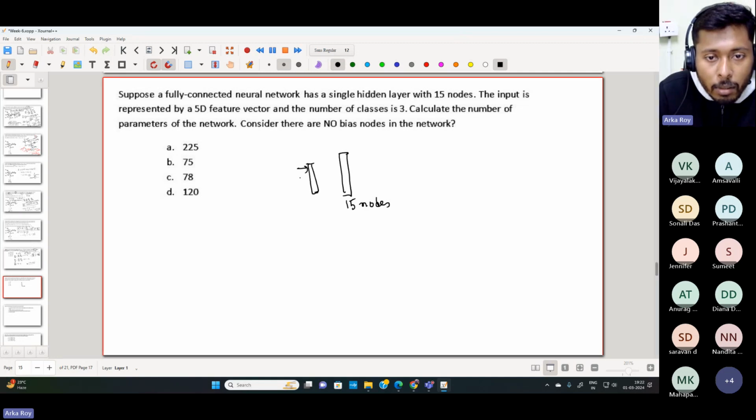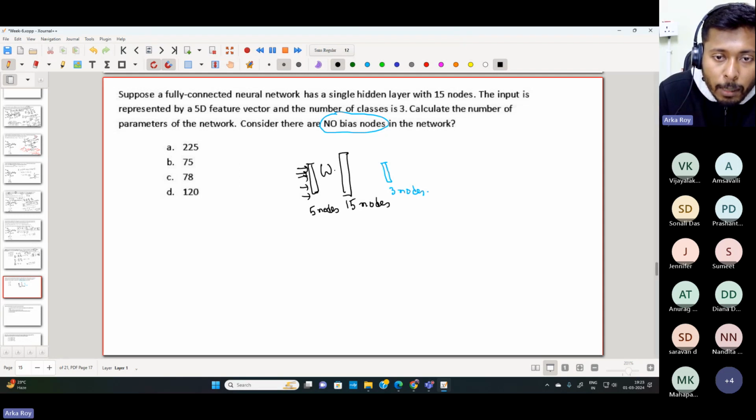That means you have 5 nodes over here, and the number of classes at the classification side equals 3, so you'll have 3 nodes. Calculate the number of parameters of the network considering that there is no bias. So additional components can be discarded, and you need to find the total number of parameters.